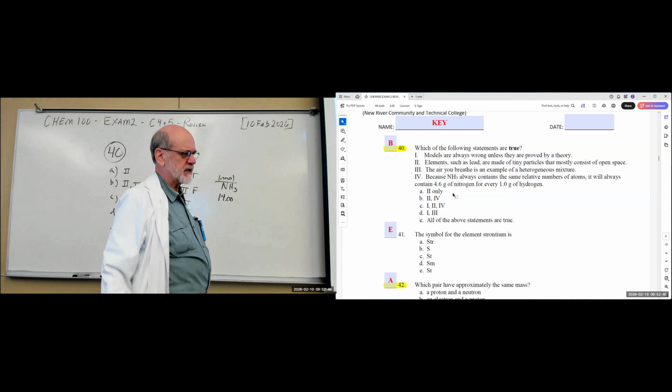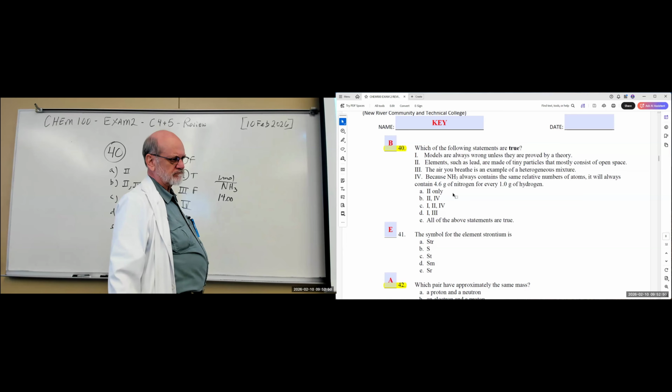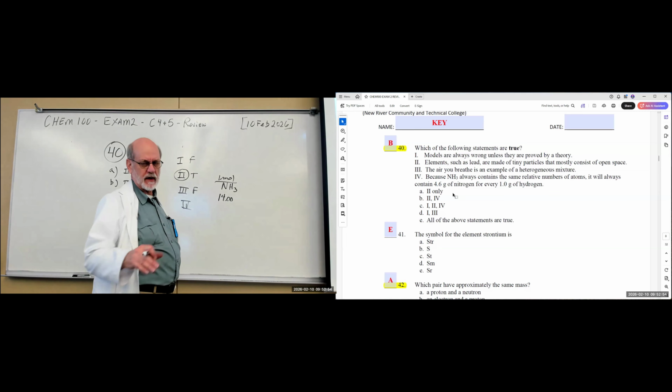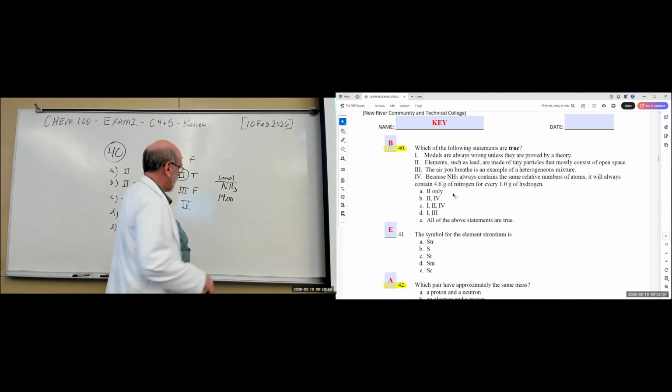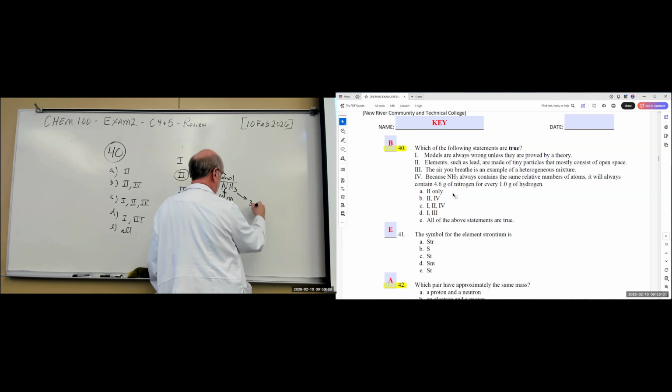Let's see, have we covered moles yet? Yeah, I think we have, because we balanced equations. Okay, we've covered moles. And this is nitrogen. Hydrogen would be 3.03 grams. Why?